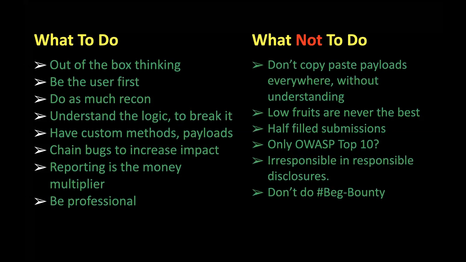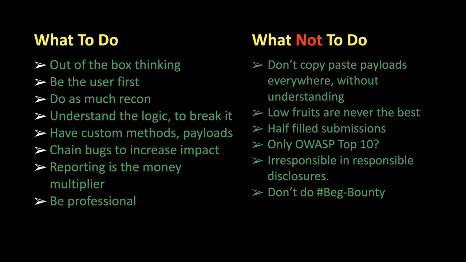Then break it, and have custom methodologies and payloads. If everyone uses the common methods and payloads, the chances of finding vulnerabilities and bugs are less. If you have custom payloads and custom methodologies, it really helps.